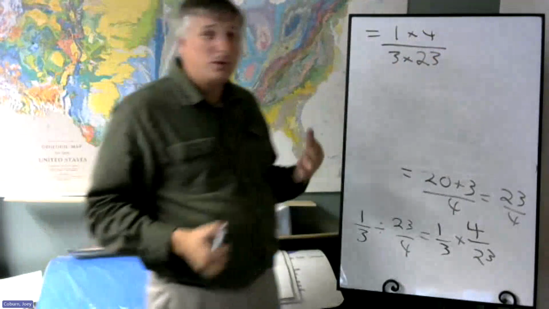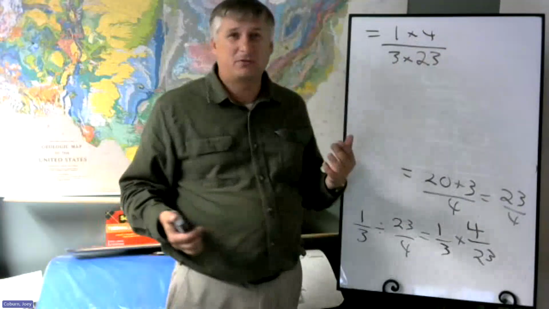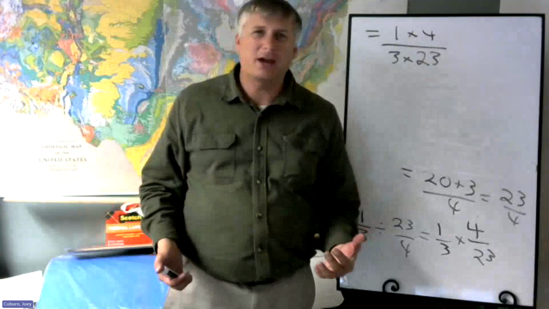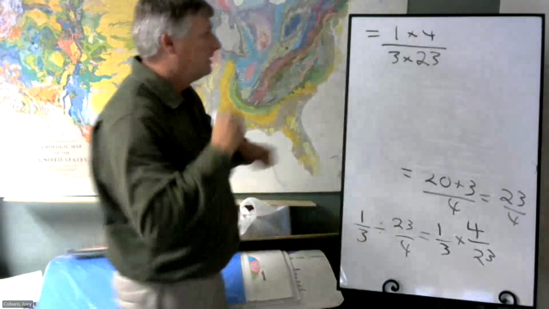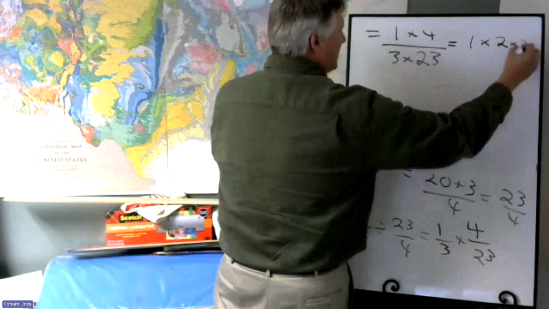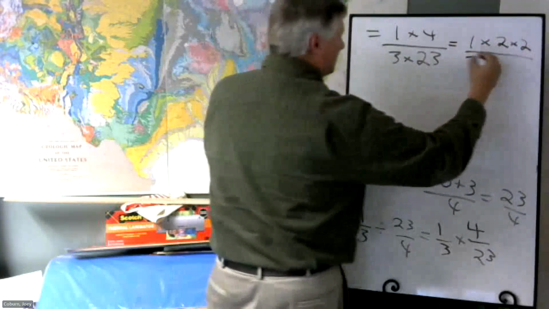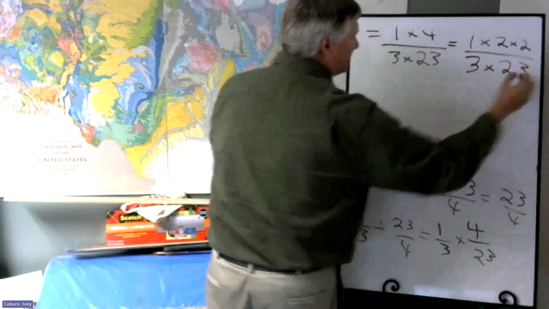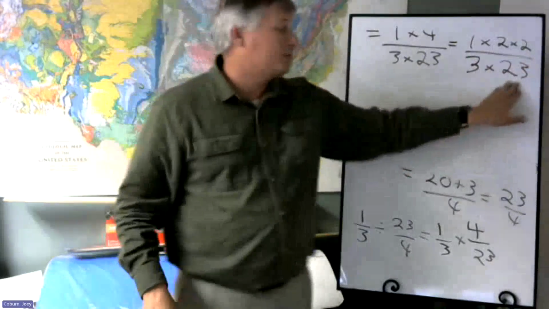Now, what you can do at this point is ask yourself, is this going to turn into a fraction that's going to reduce? And we can break this down into 2 times 2 for the 4, 3 times 23. 23 is a prime number.